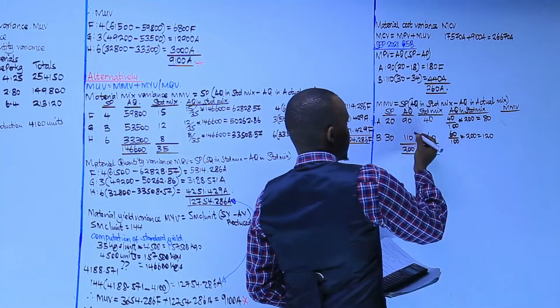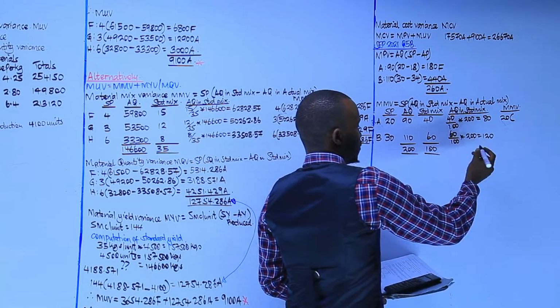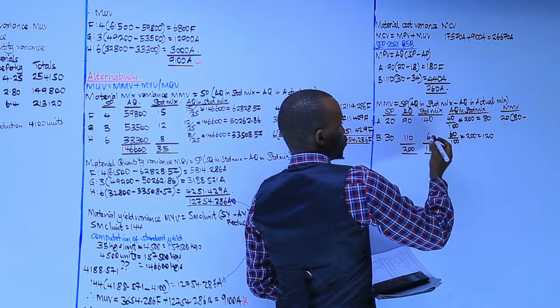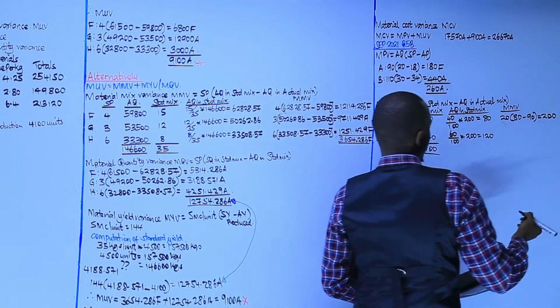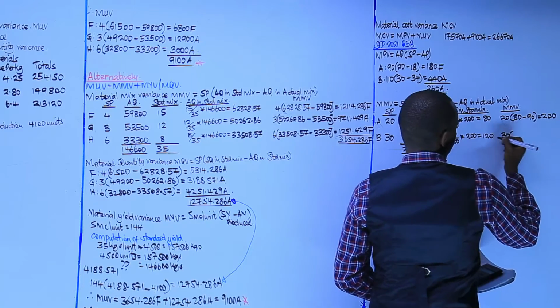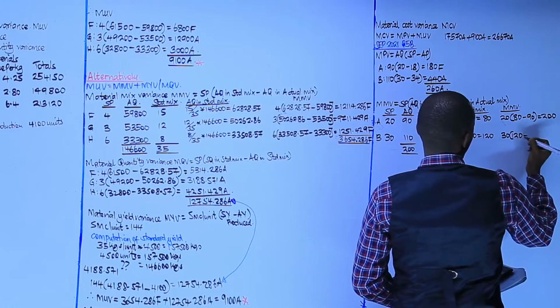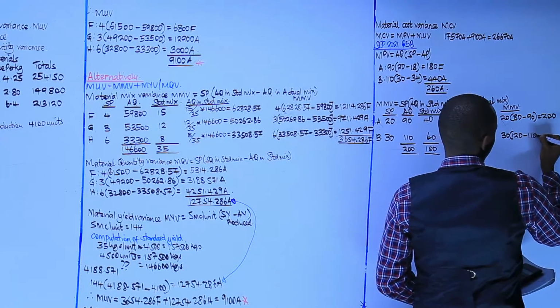Your standard price is 20. Actual quantity in standard mix is 80, minus an actual quantity of 90. Standard price of 30, actual quantity in standard mix of 120, actual quantity in actual mix of 110.